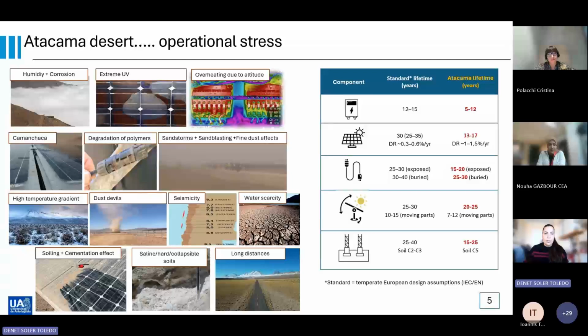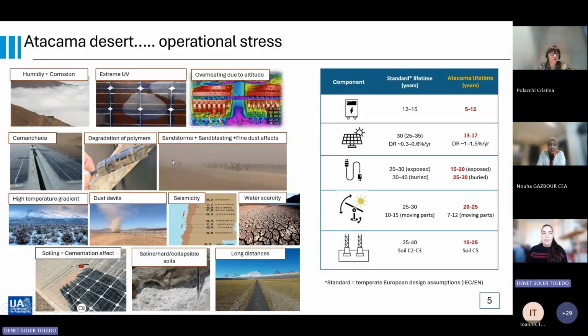The result is a specific cementation effect on the PV panel and a very high possibility of cleaning only using water. We have an extreme UV level that has a direct impact on the performance of modules and causes overheating due to the altitude, for example, degradation of polymers.